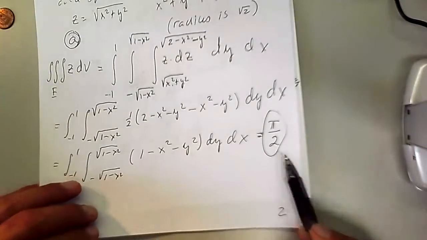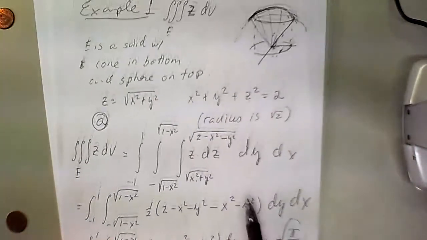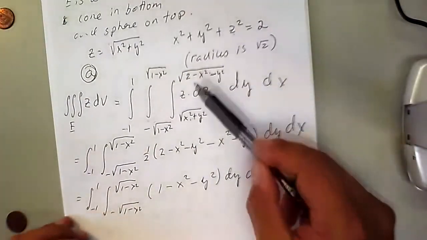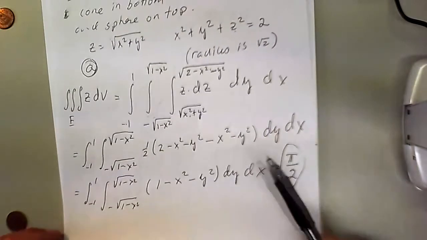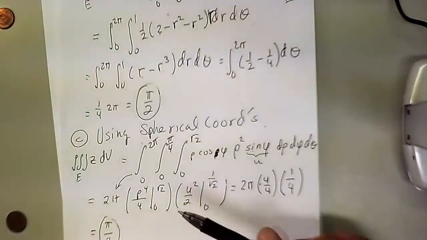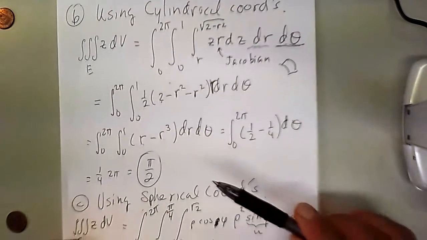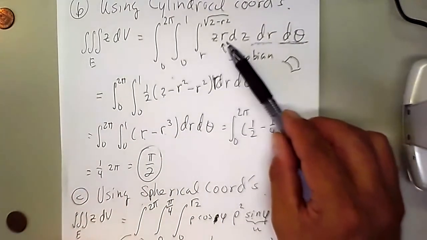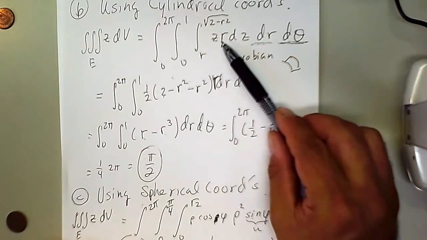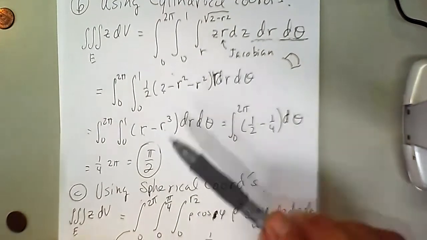So this example was done straightforwardly, just without any change of variables, using cylindrical coordinates. Don't forget your Jacobian. In cylindrical coordinates, r is the Jacobian.